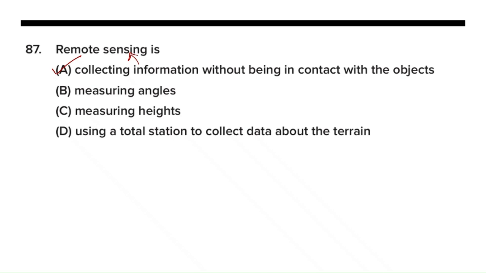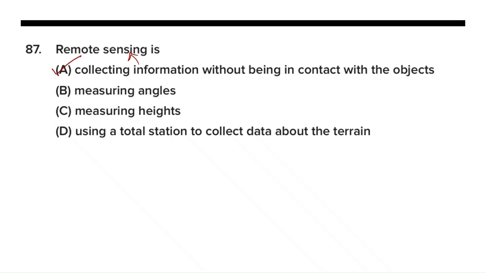Remote sensing mainly refers to gathering information about objects or areas from a distance, without being in contact. We can use satellites, drones, aircraft, sensors and scanners for remote sensing.